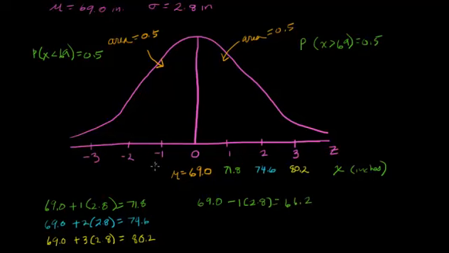So this value right here is 66.2. And then 69 minus 2 standard deviations, and we get 63.4. And finally 69 minus 3 standard deviations, and we get 60.6.